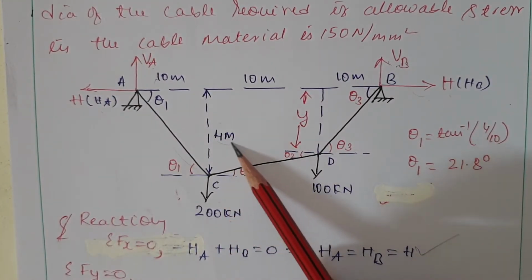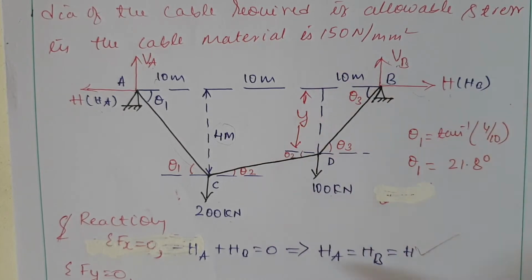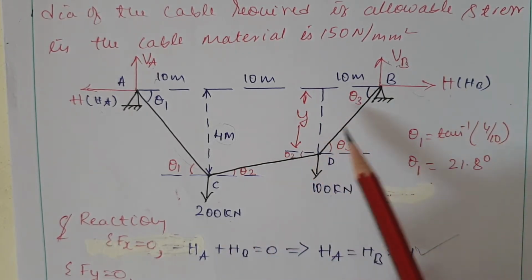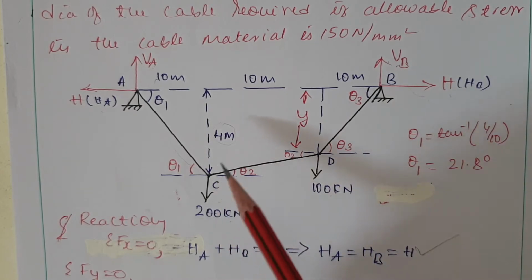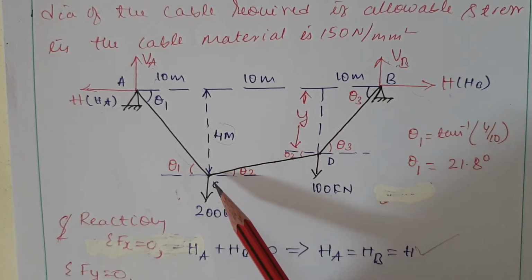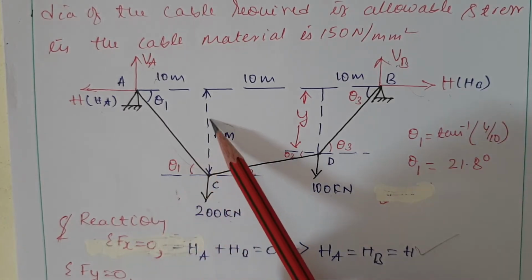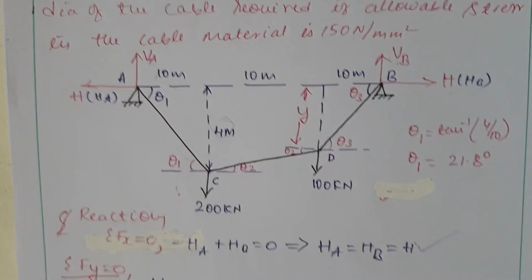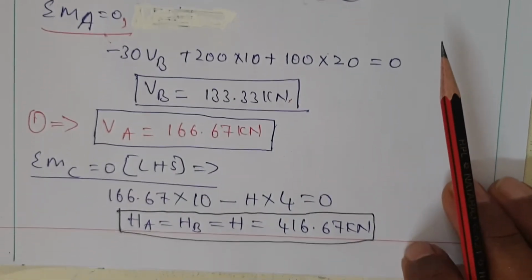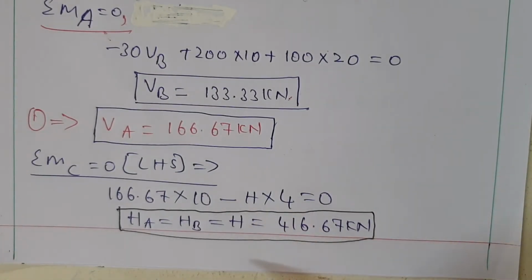Then I am considering moment at C equal to 0 for the LHS, because we know the perpendicular distance here is 4 meters. If you consider the other side, you don't know the vertical distance, which would be a bit difficult. So we follow this procedure, moment at C equal to 0 for the LHS.